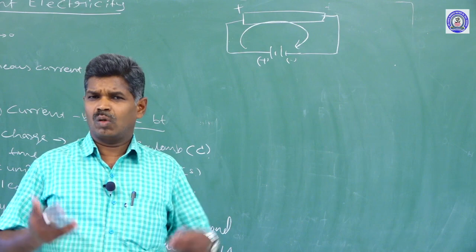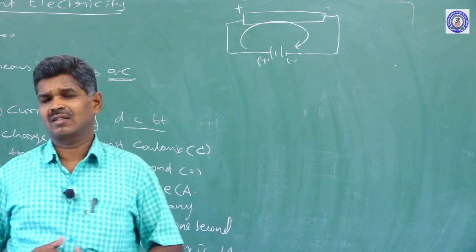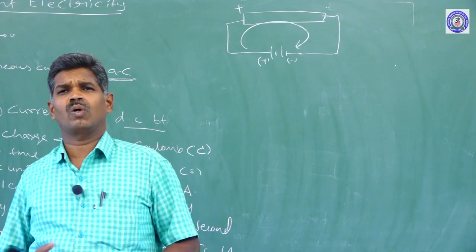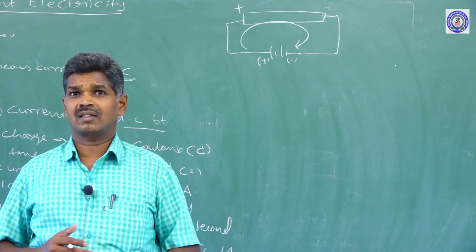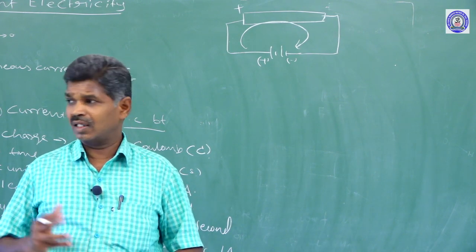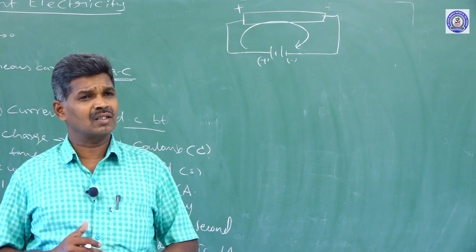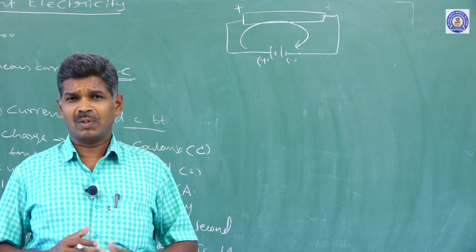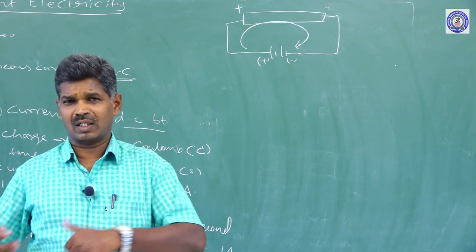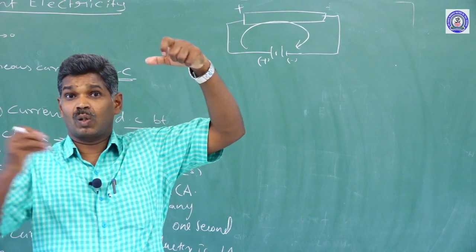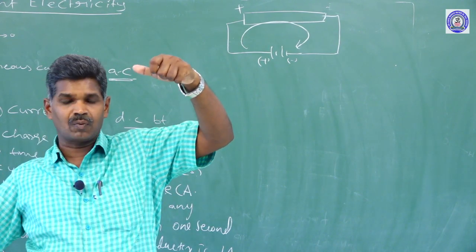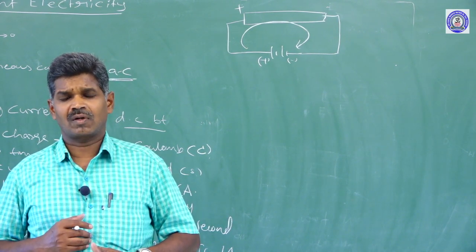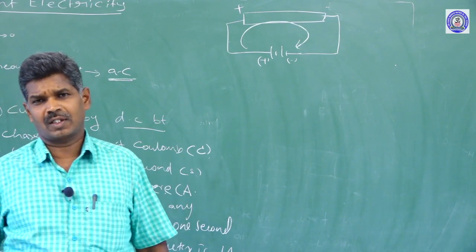In olden days, the direction of current flow was conventionally taken from higher potential to lower potential, like water, which flows from a higher point to a lower point, and wind, which moves from higher pressure to lower pressure.